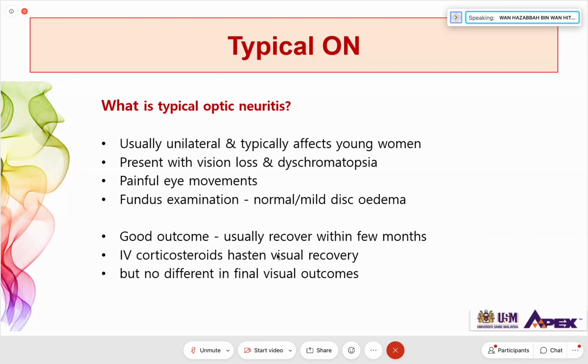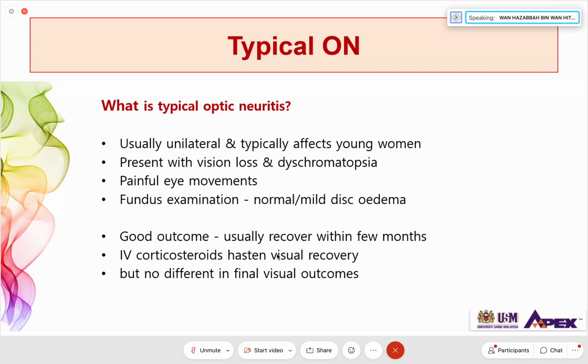You should ask about painful eye movement because some patients may not complain, as the pain is not so much. Unless the pain is very severe, they will not complain to you. But most of the time, the patient may present with just a discomfort during eye movement.